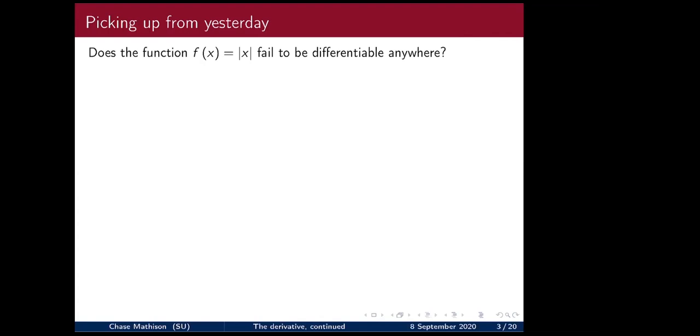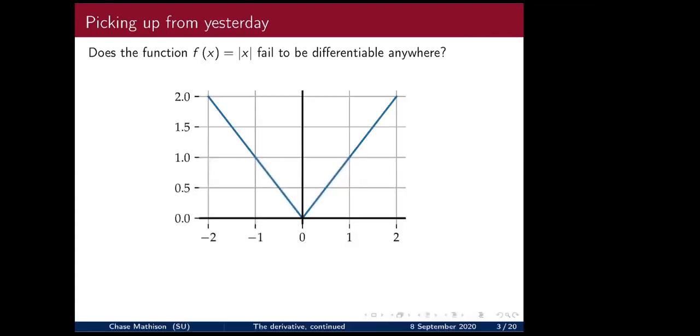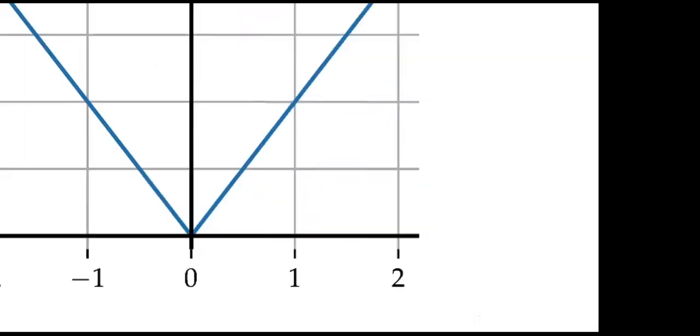And if you forget what the graph of f of x equals the absolute value of x looks like, there it is right there. So we want to know, does this function fail to be differentiable anywhere? Well, looking at that graph, if I just cover up everything to the left of the origin, it just looks like a straight line, right? And I'm going to show you today with the limit definition.